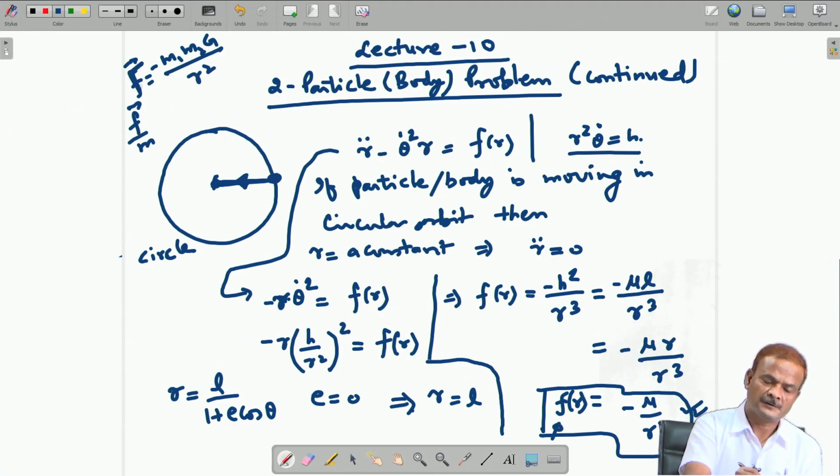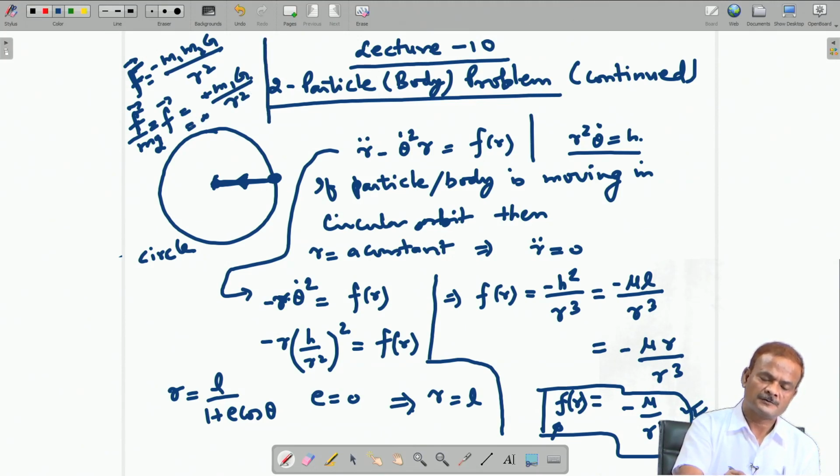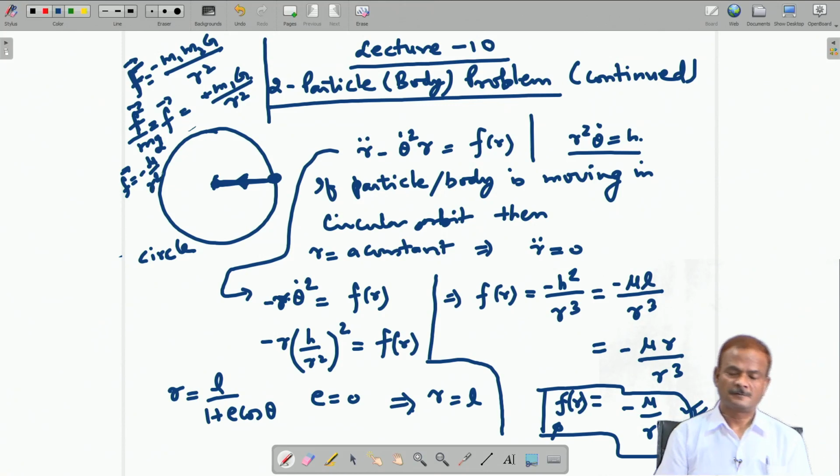So F by m equal to F, and we divide by m2, giving minus m1 g divided by r square, which is nothing but minus mu by r square. Therefore F equal to minus mu by r square.